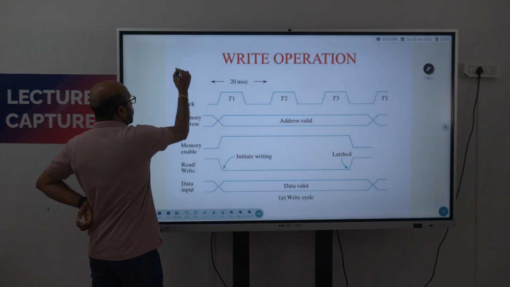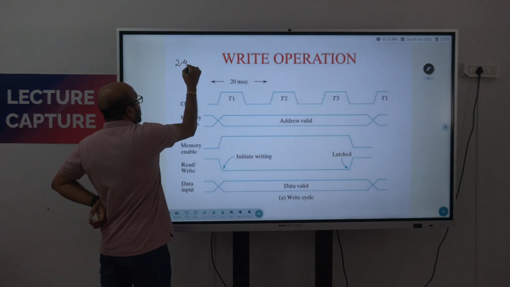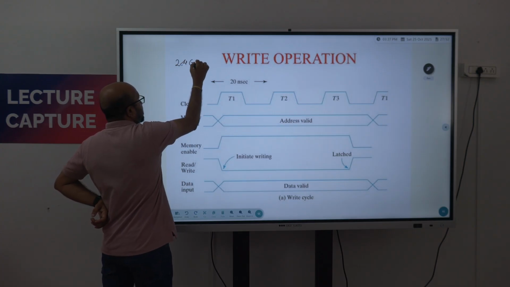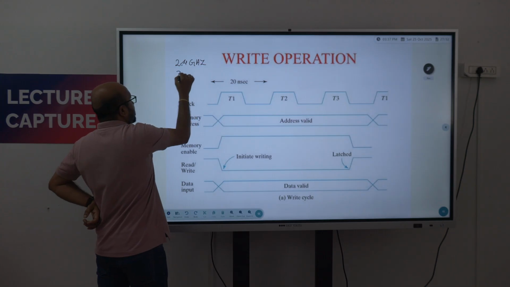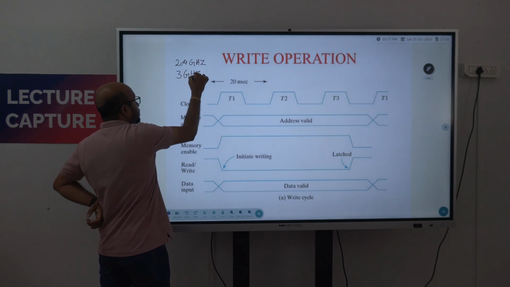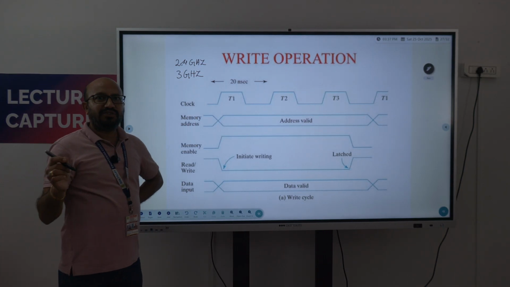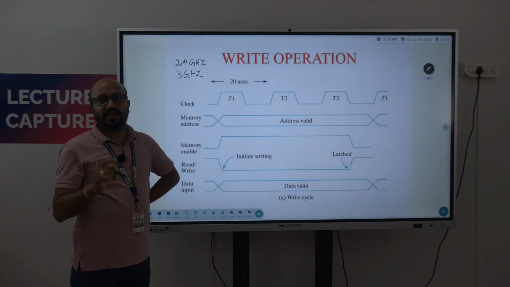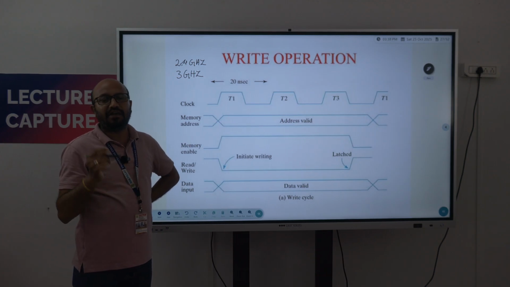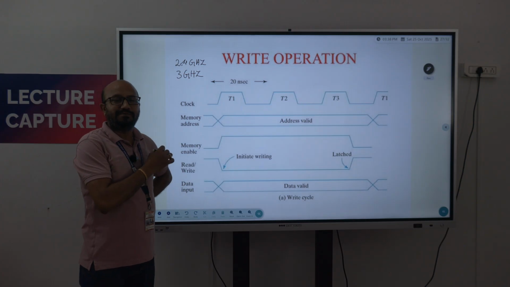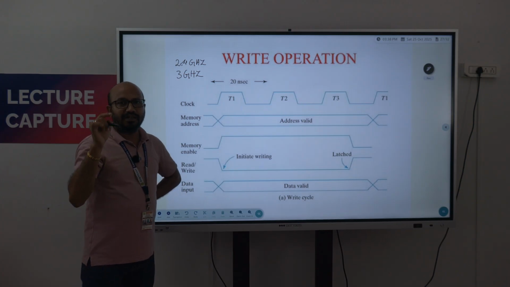The speed may be around 2.4 or 3 gigahertz, right? Actually, if speed is calculated only in time, that is seconds, how is computer speed measured in frequency? So here is the question mark.